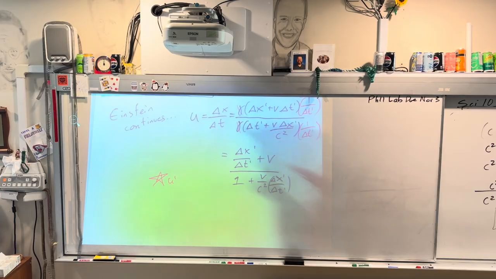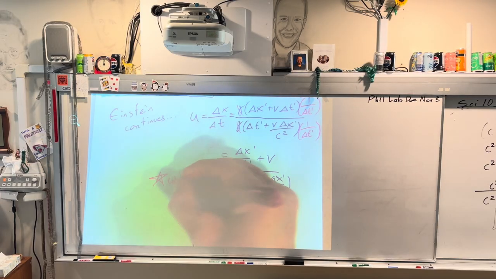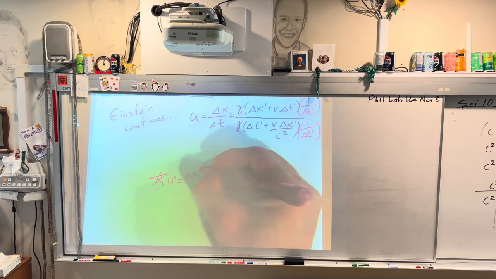Wait, but u prime you said is the bike's velocity for us. I think we just kind of messed up with the name. The penguin velocity for the bike is what you're referring to as v.